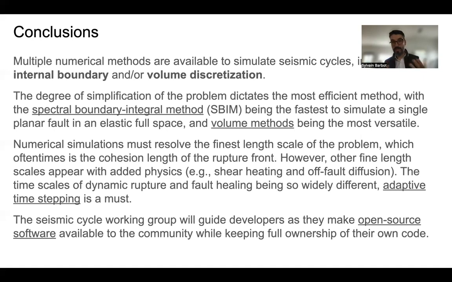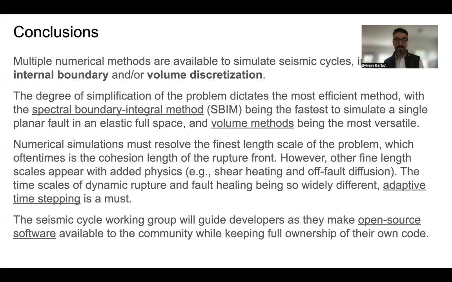For example, when shear heating is considered or off-fault diffusion. And because the seismic cycle engages such different timescales from milliseconds during rupture to centuries during the interseismic period, having the capacity for adaptive time stepping is a must.